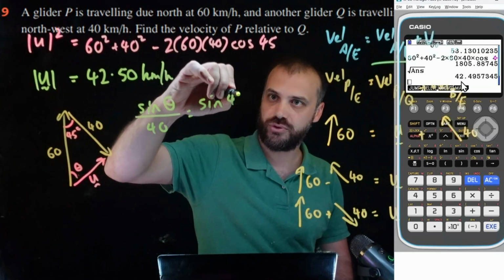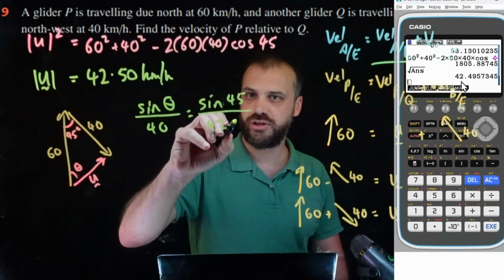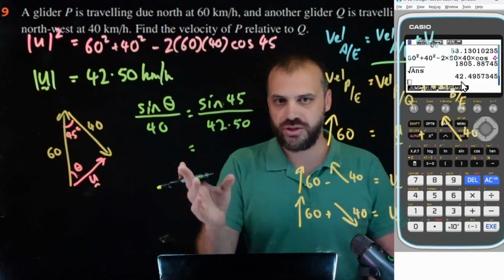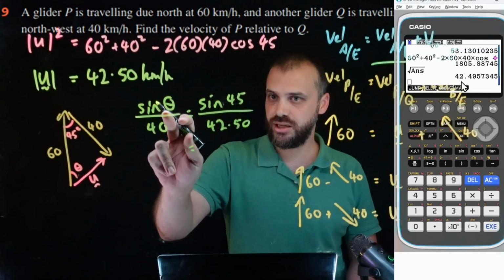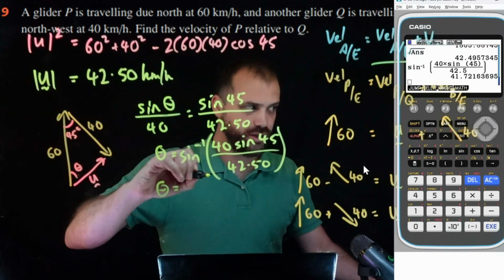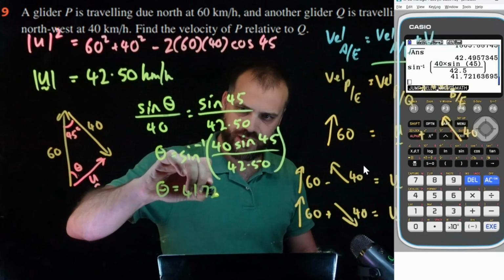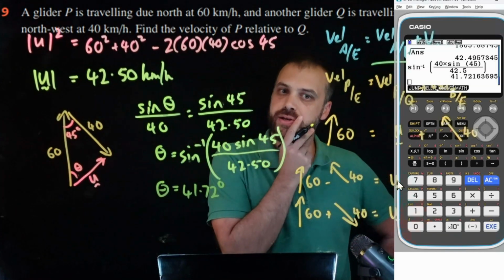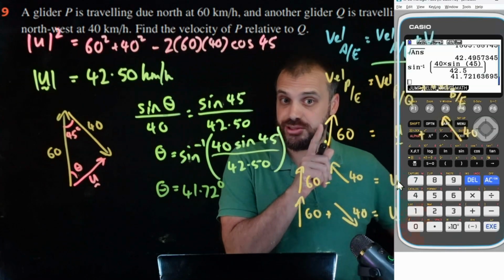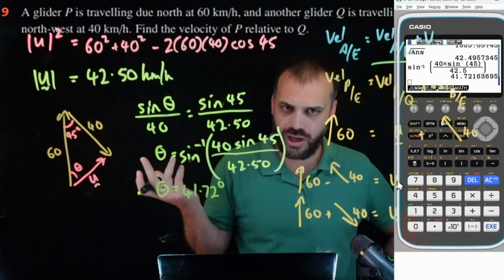So sine 45 over this one here, which is 42.5. So then rearrange that and solve for theta. Now, when I solve that, and you can see my calculator there, I get an answer of 41.72 degrees. Now, the textbook doesn't have that answer. The textbook has a different answer, like 221 or something.